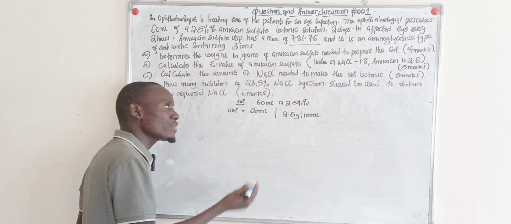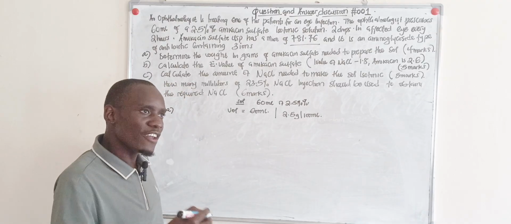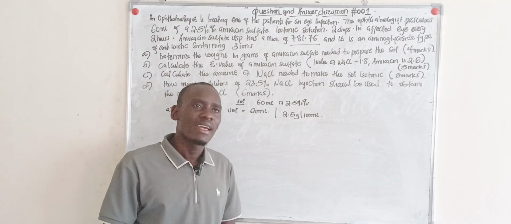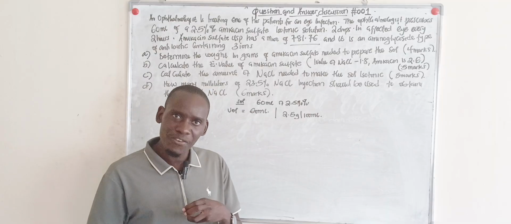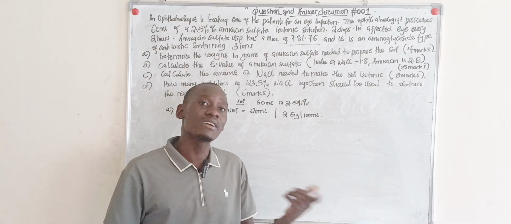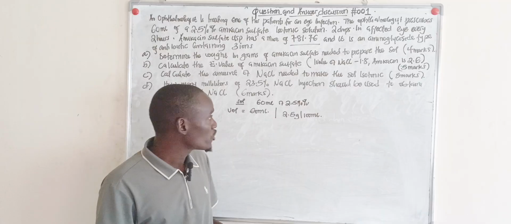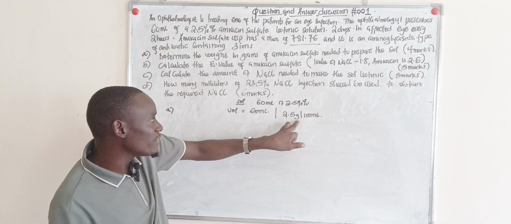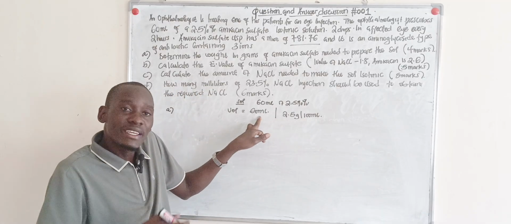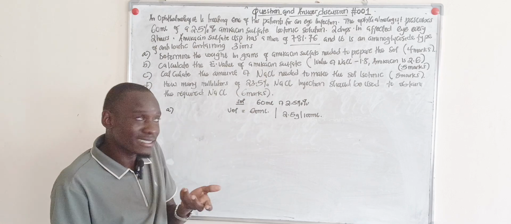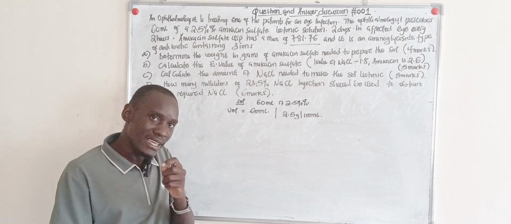Remember, every time we say 2.5%, we mean that we have 2.5 grams of amikacin sulfate in 100 mils of the solution. So, if you have 2.5 in 100, how about the 60? It will give us the weight of amikacin that we need.